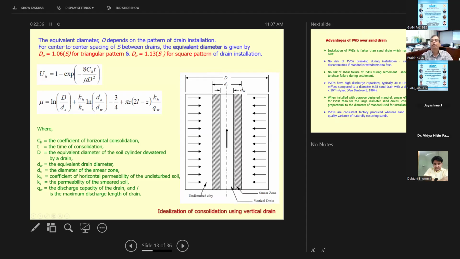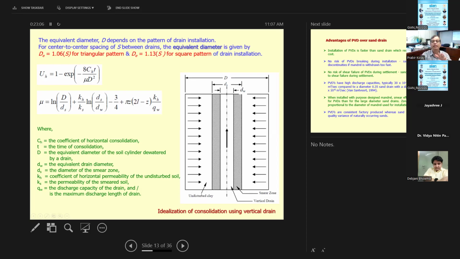The equivalent diameter is 1.06 times S for the triangular pattern, and 1.13 times S for the square pattern, where S is the center to center spacing between the drains. Then you can calculate a similar equation for the degree of consolidation, but in the horizontal direction. Also, mu comes into the picture, and it is given by this equation.